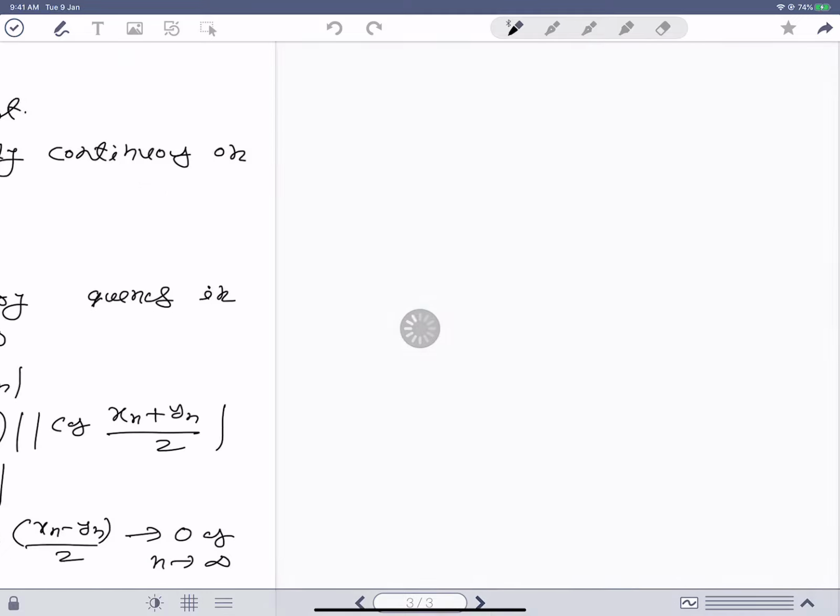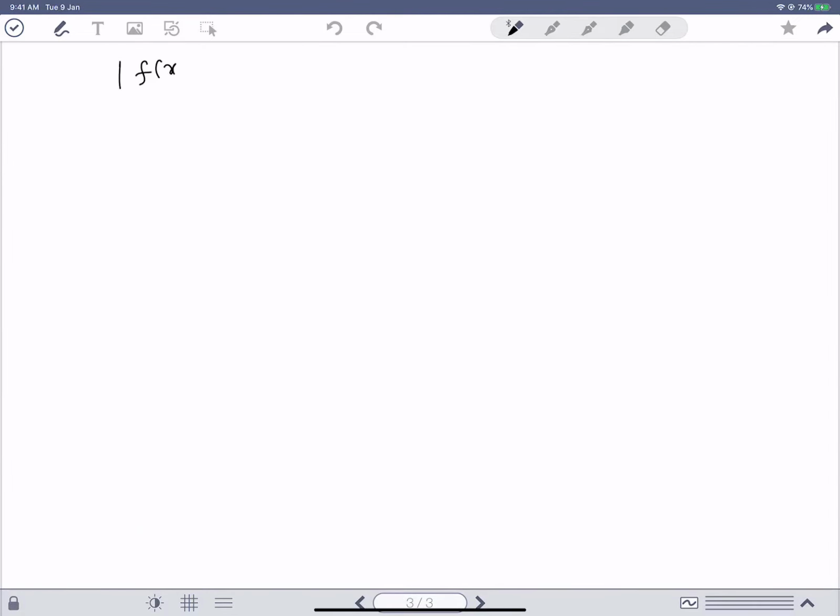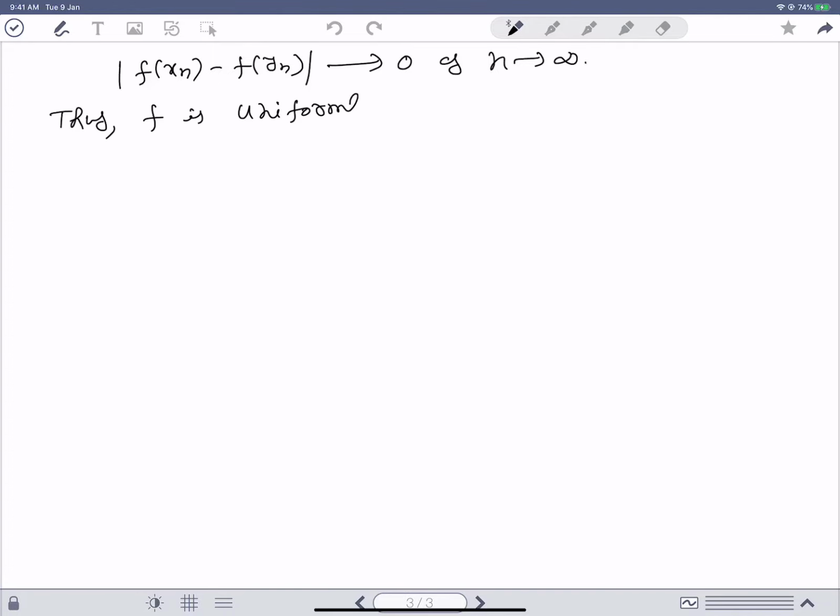And therefore |f(xn) - f(yn)| also converges to 0 as n tends to infinity. Now since the sequences are arbitrary, therefore f is uniformly continuous on the domain (0, infinity).